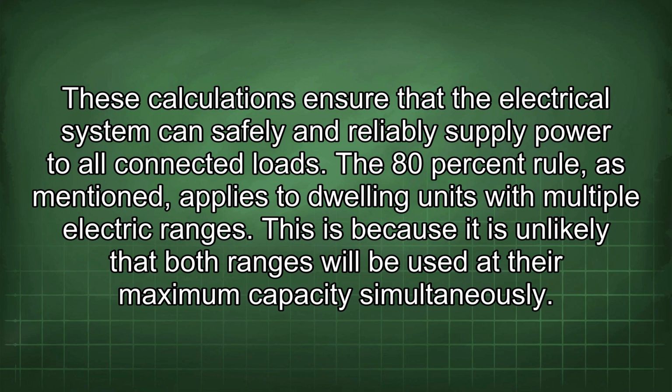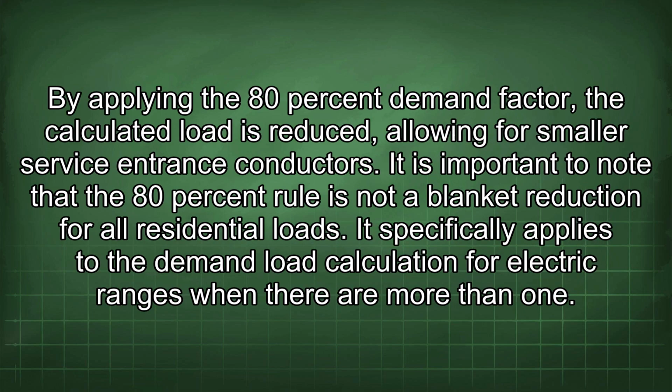The 80% rule, as mentioned, applies to dwelling units with multiple electric ranges. This is because it is unlikely that both ranges will be used at their maximum capacity simultaneously. By applying the 80% demand factor, the calculated load is reduced, allowing for smaller service entrance conductors.